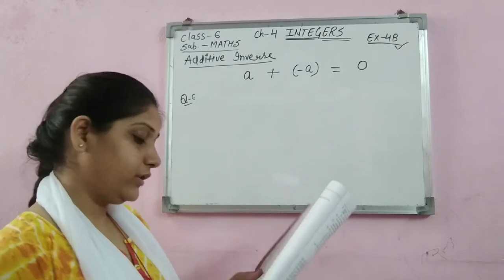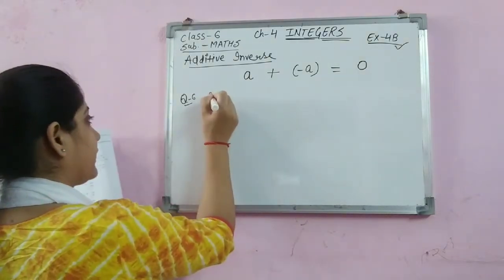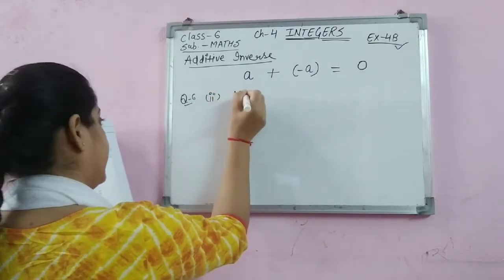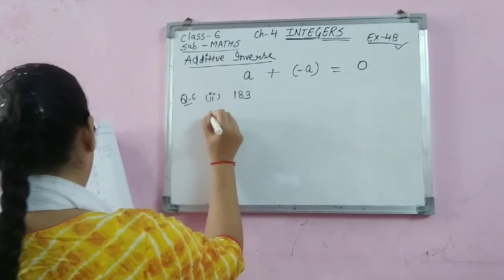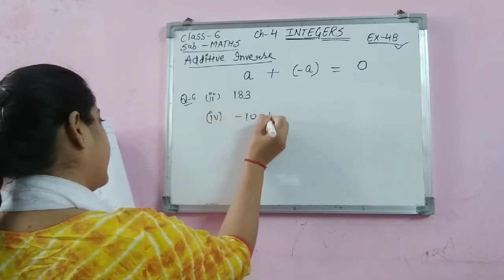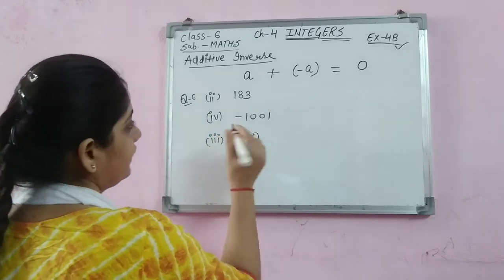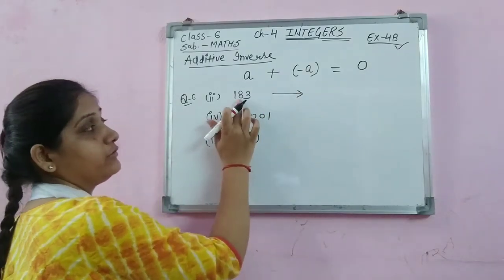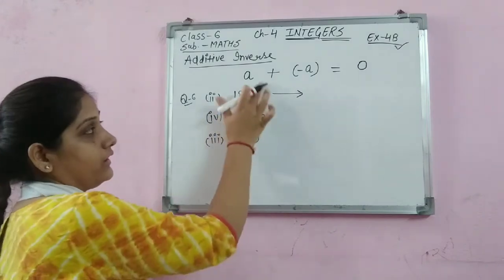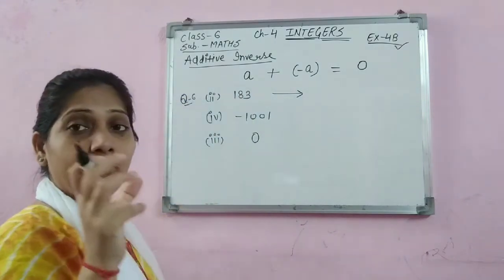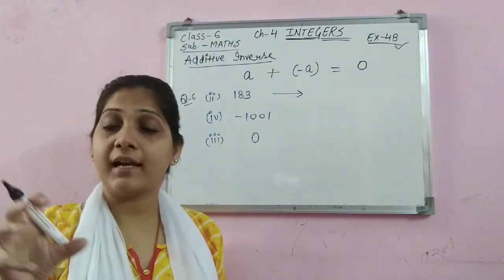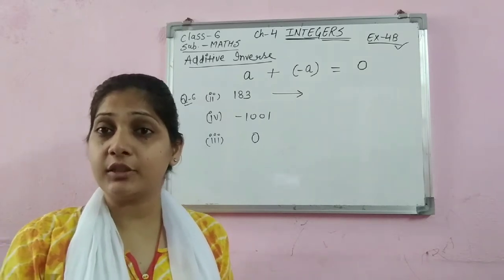Find the additive inverse of. So I am writing certain questions like 183. Fourth one is negative 1001 and third one is 0. So what is the additive inverse of positive 183? What should we add to positive 183 so that its answer becomes 0?